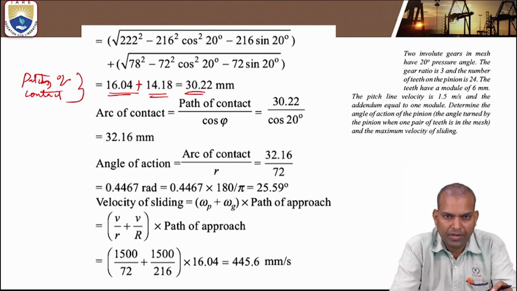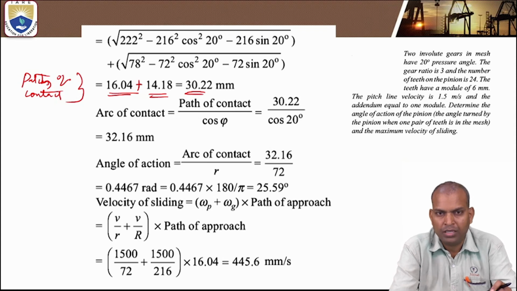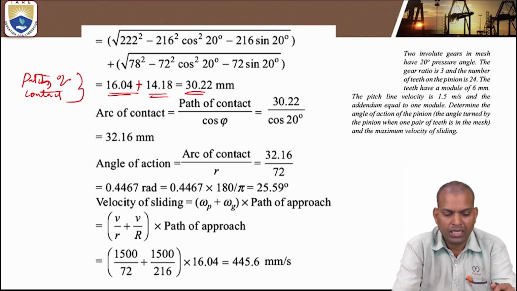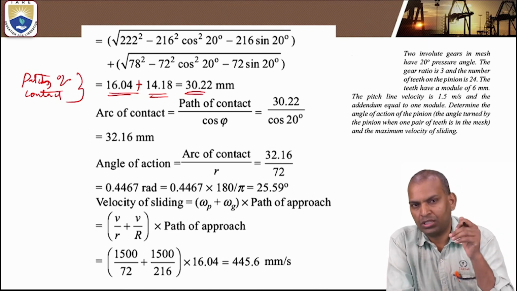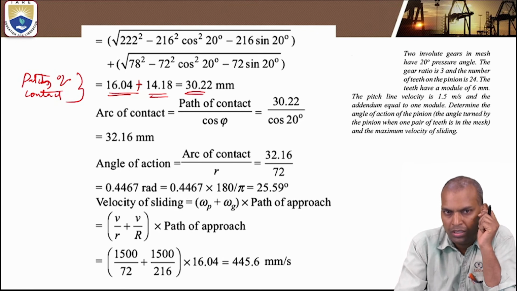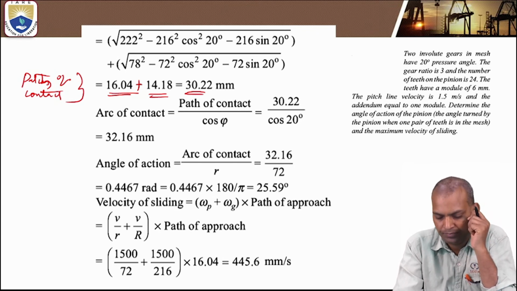Here the path of approach value is more than the path of recess value. The sum of the length of approach and recess equals the contact length of the two teeth.